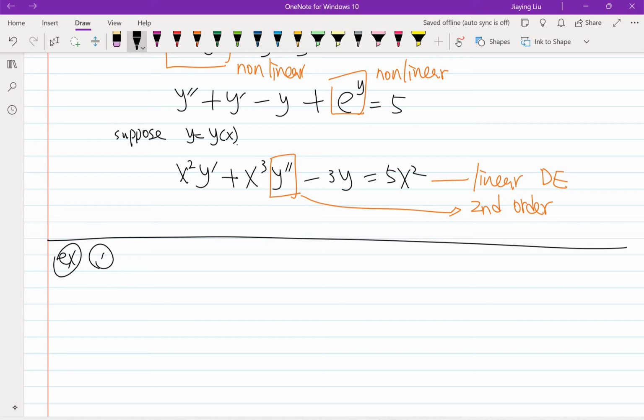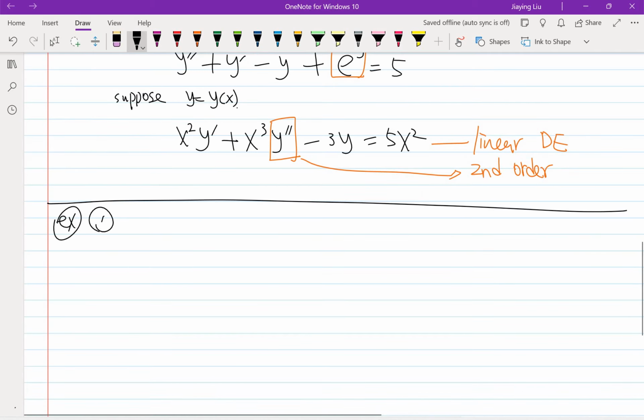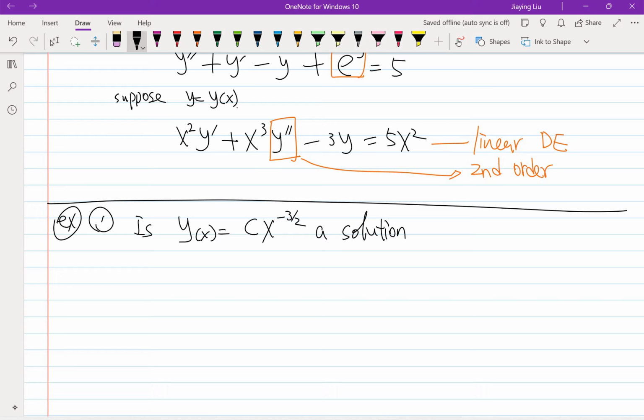The first one I have: is y of x equals c, some constant c, times x to the negative 3/2, a solution to the differential equation 4x squared y double prime plus 12xy prime plus 3y equals 0, assuming that x is positive?